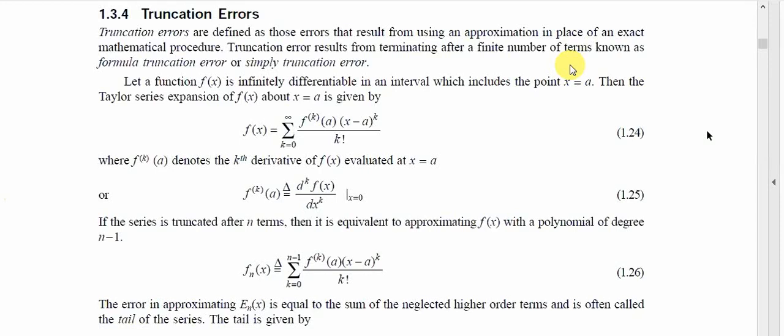Delete the things, delete the terms, delete the items, delete the numbers to make something shorter or smaller. Whenever we make the terms truncated, truncated means we are leaving out or deleting the terms, deleting digits from any number, expression, function or polynomial.